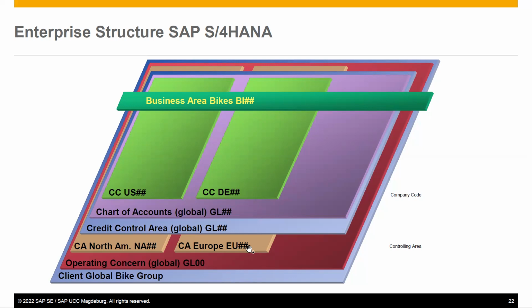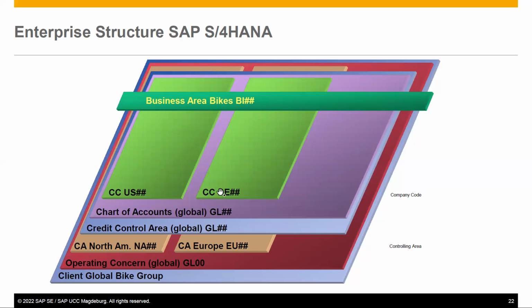Then on these controlling areas, we have the credit control area. In that credit control area, GL00 has a chart of accounts, and this chart of accounts is for all company codes. This global concern is for all company codes. The North America controlling area is only for North America, it could be US or Canada.